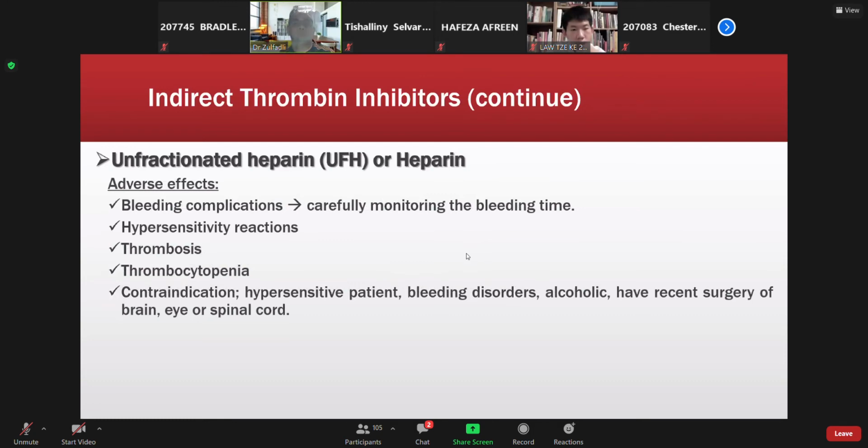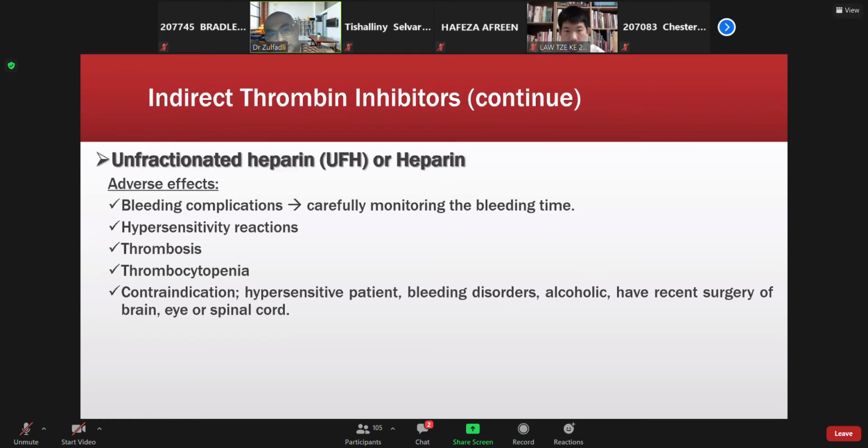Adverse effects. As common sense, if you give an anticoagulant, the adverse effect is excessive bleeding. So you need to monitor the bleeding time of the patient if they are given heparin. Other adverse effects are hypersensitivity reaction, allergy, thrombosis, and thrombocytopenia. Contraindication of heparin is hypersensitive patients.